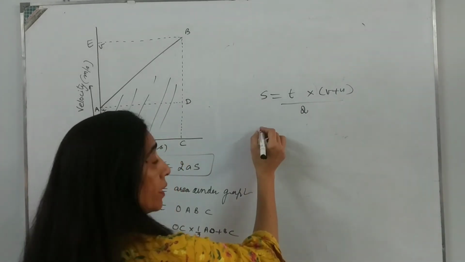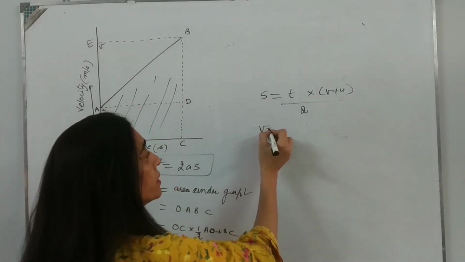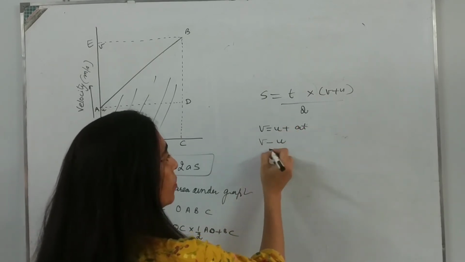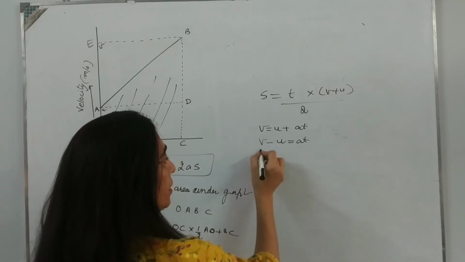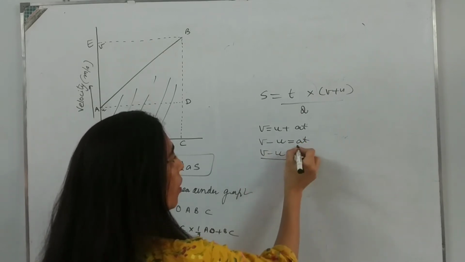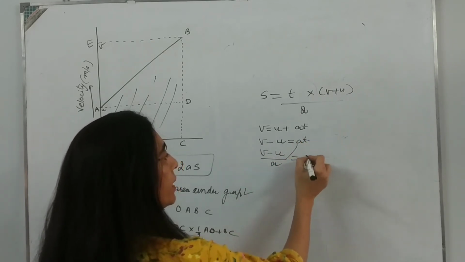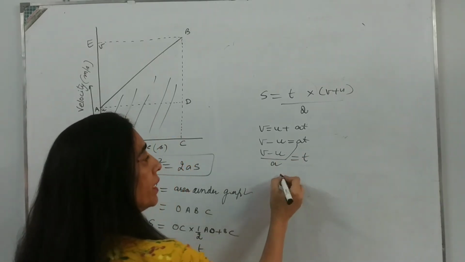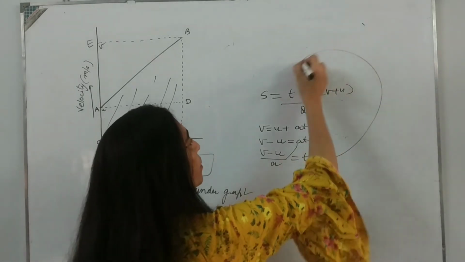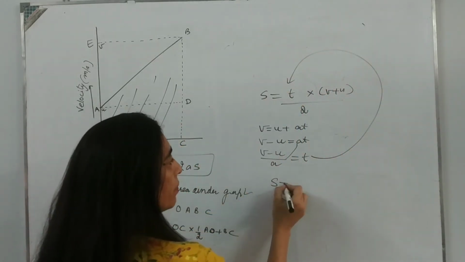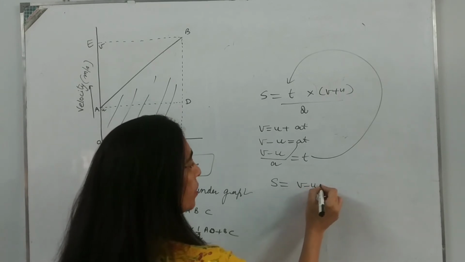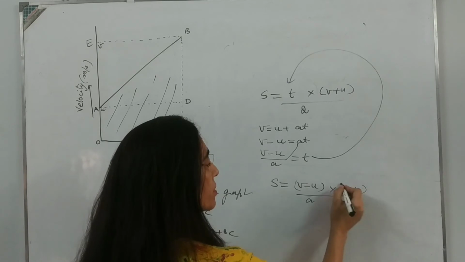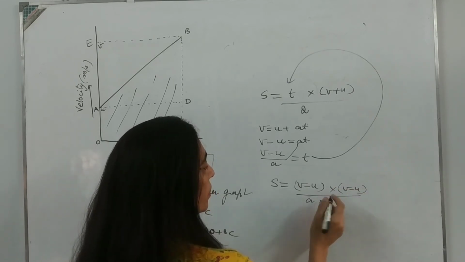Now according to the first equation of motion, V is equal to U plus AT. So V minus U is equal to AT, so V minus U upon A is equal to T. So we can substitute this value here. So S will be equal to V minus U upon A into V minus U, and here it is 2.